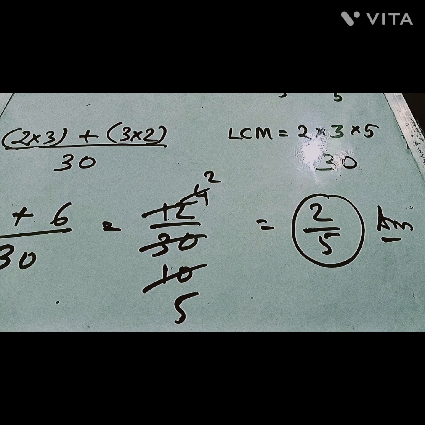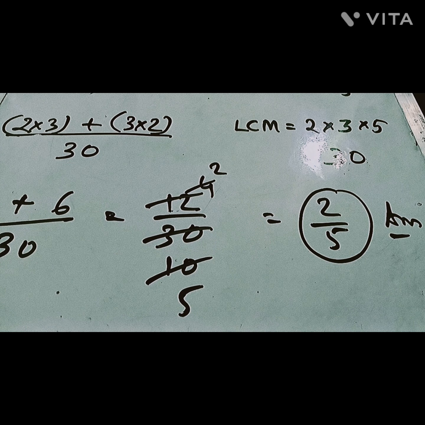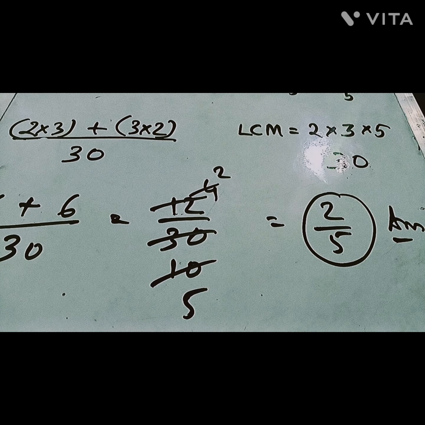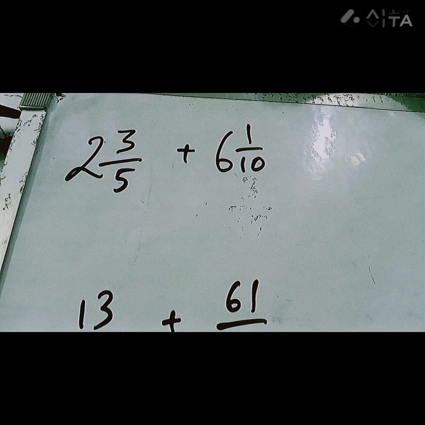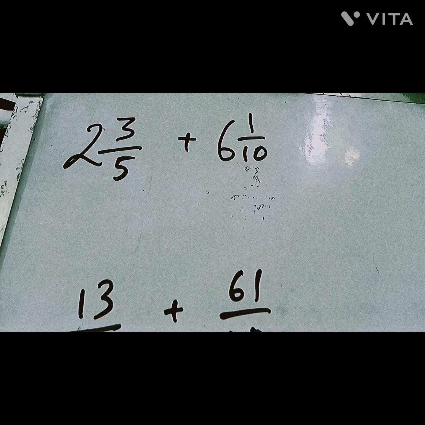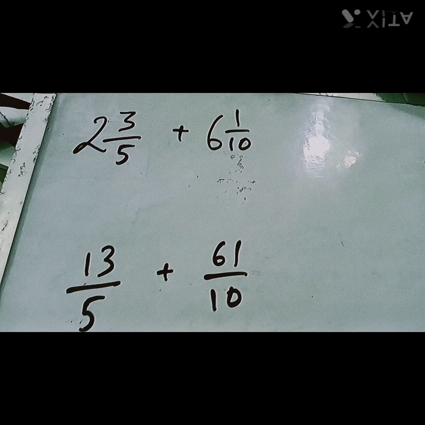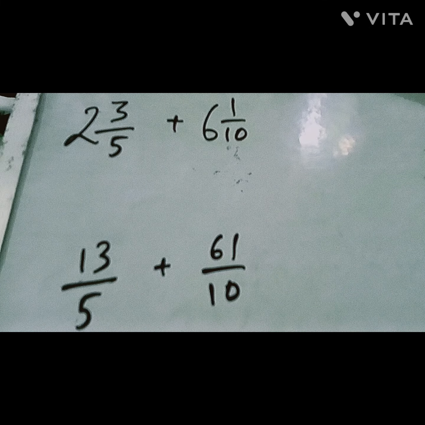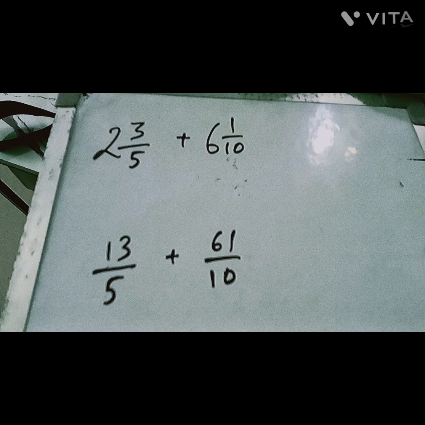So the answer is 2 by 5. Whichever method you feel is easy, you can do it. So the next sum is, if we have two mixed numbers, 2 3 by 5 plus 6 1 by 10. So we first change the mixed numbers into improper fractions. 5 2s are 10 plus 3, 13 by 5, and 10 into 6 plus 1, 61 by 10.